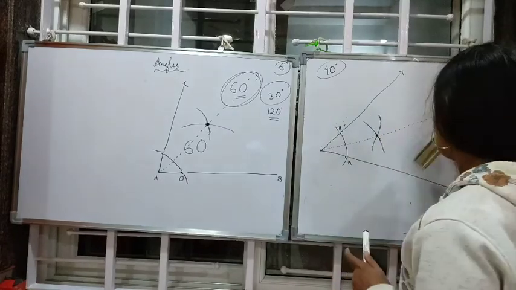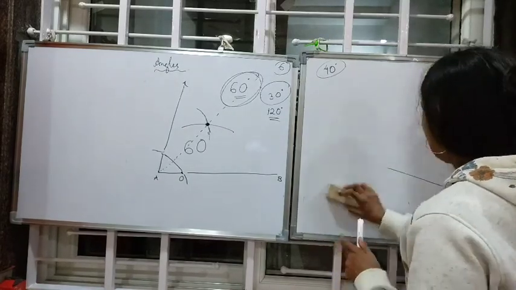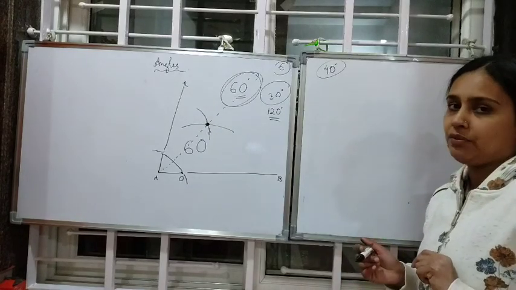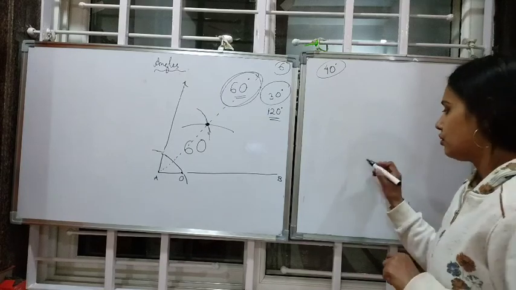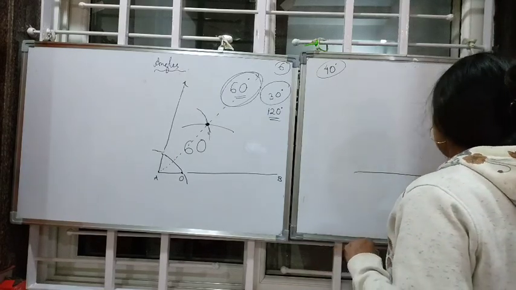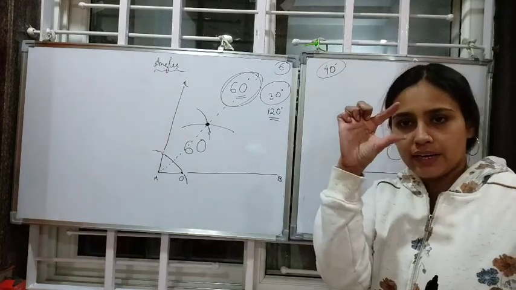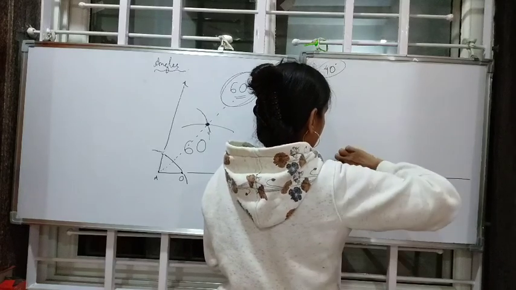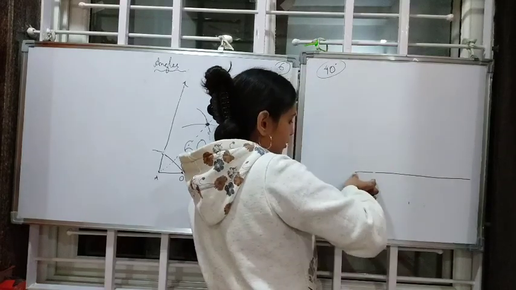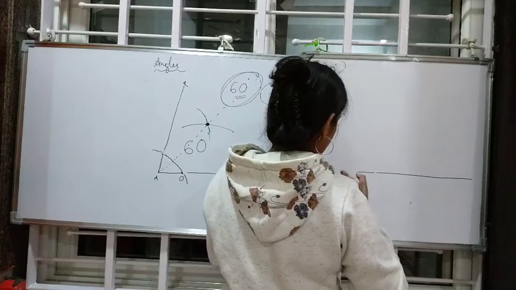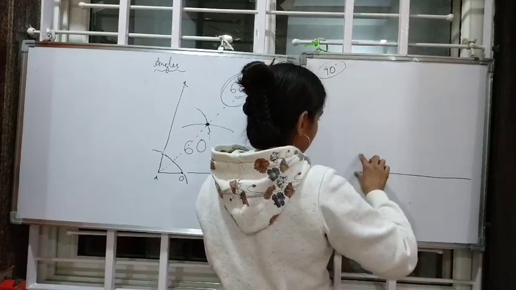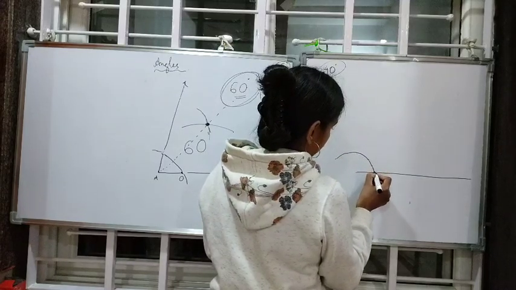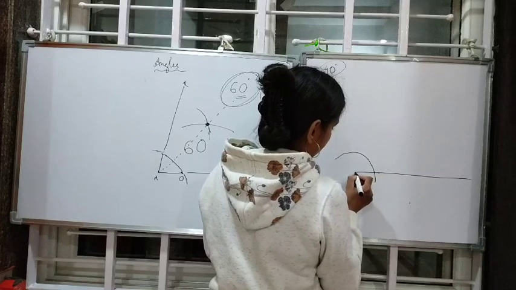Yes? Yes. So let's see how to draw an angle of 120 degree without using a protractor but with the help of a compass. Draw the baseline. Take some radius on your rounder and draw the arc like this. Suppose this is your arc.